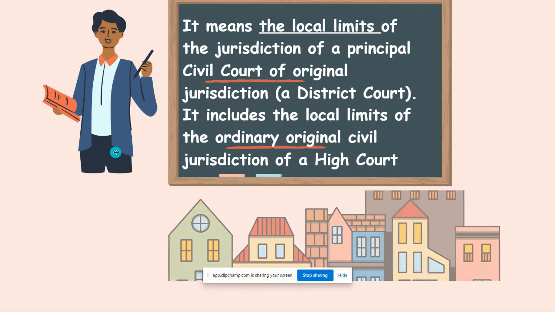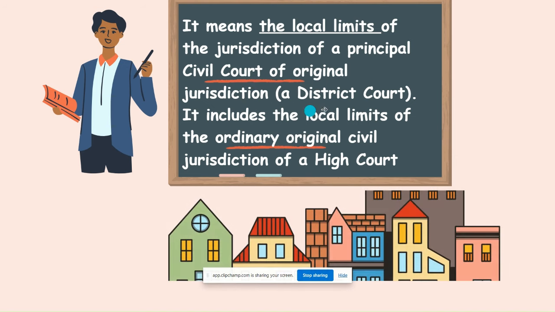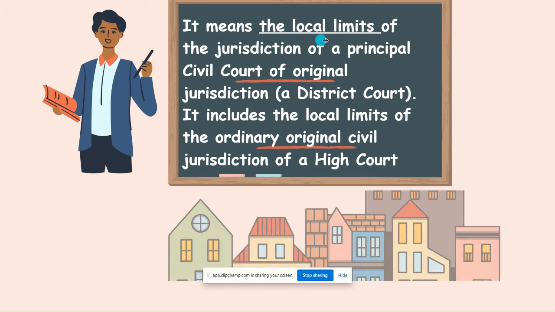This is the definition of district. District means the local limits of the jurisdiction of a principal civil court of original jurisdiction, a district court. It includes the local limits of the ordinary original civil jurisdiction of a high court. So, district means local limits of the jurisdiction of a principal civil court of original jurisdiction.